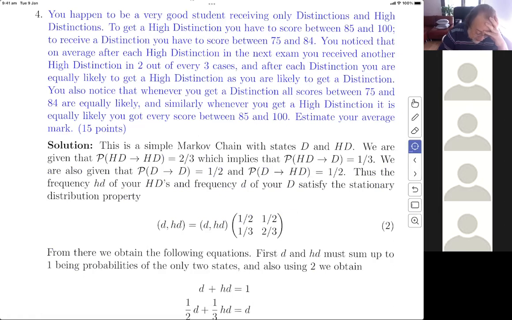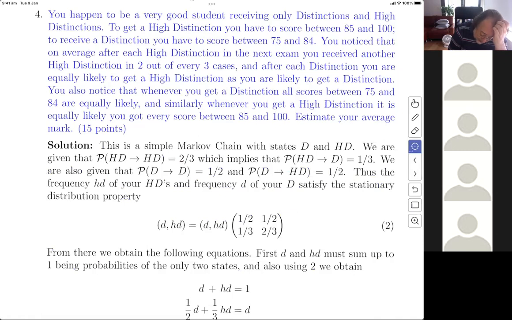And this is just a simple Markov chain with the states distinction and high distinction. And we are given the probability that a high distinction is followed by another high distinction to be 2/3. So the probability of the Markov chain to transition from high distinction again into the same high distinction state is 2/3.